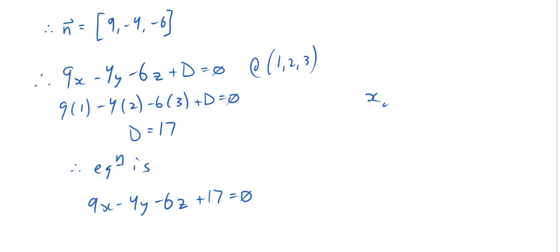And now I can just basically state the intercepts. For the x-intercept, y and z are 0. So I'm going to move the 17 over. It becomes negative and divide by 9. So I get negative 17 over 9. The y-intercept will be negative 17 divided by negative 4, so 17 over 4.